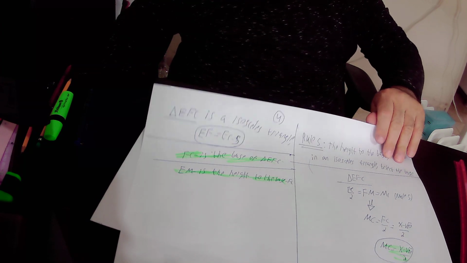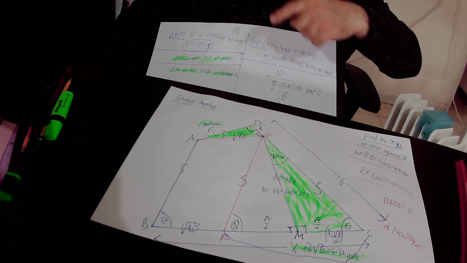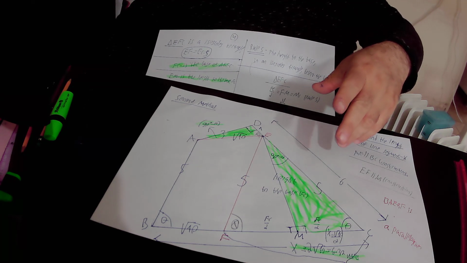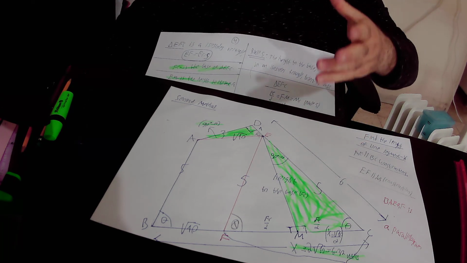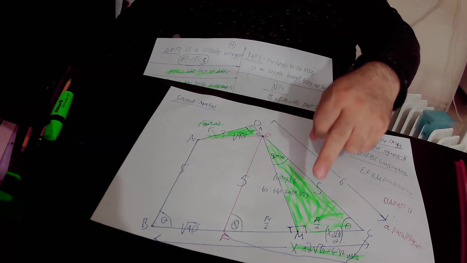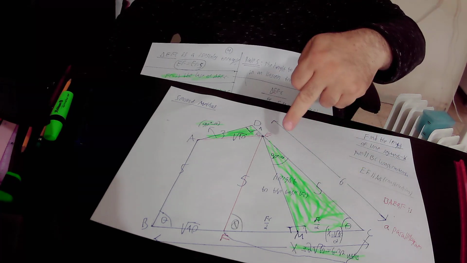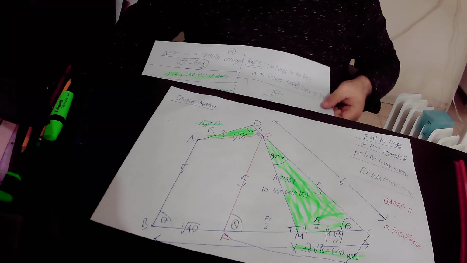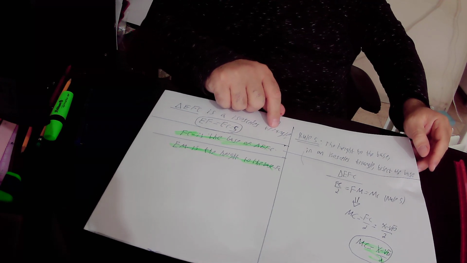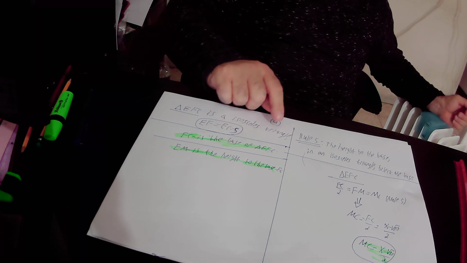Any line segment from the vertex that is perpendicular to the opposite side of the triangle is defined as the height of the triangle. Therefore, because EM is perpendicular to FC, EM is the height to the base FC. In the next step, I present rule number 5.